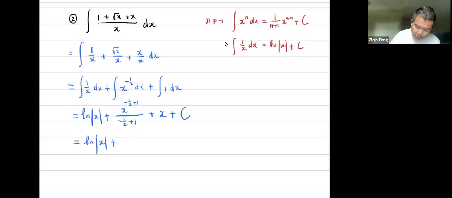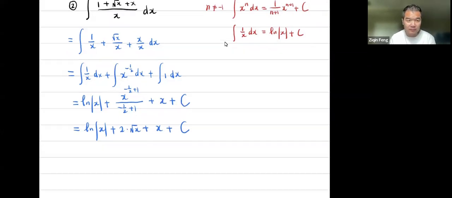You get 2 times root x plus x plus a constant. So that's the antiderivative of this function here, right? We can apply rules to evaluate the antiderivatives.